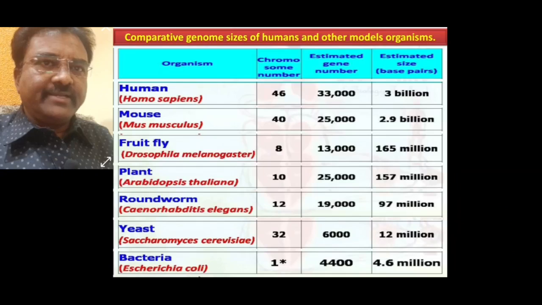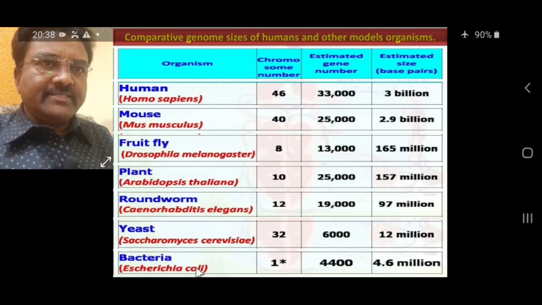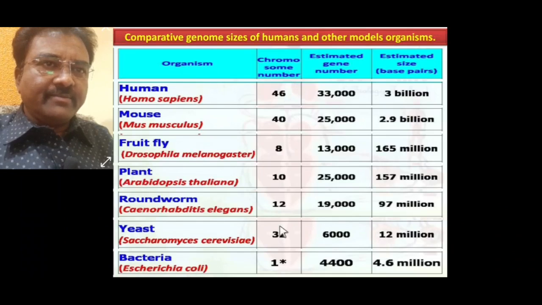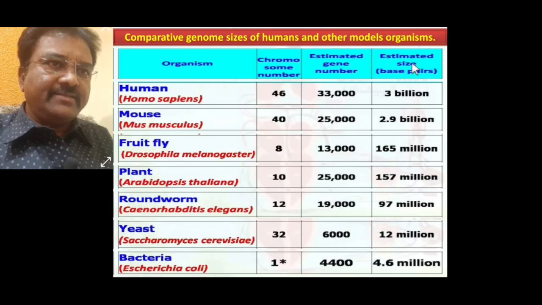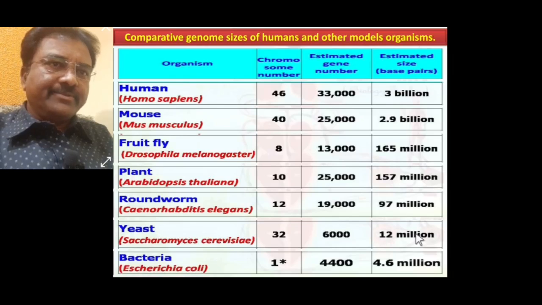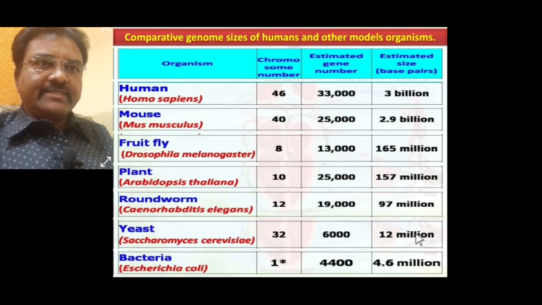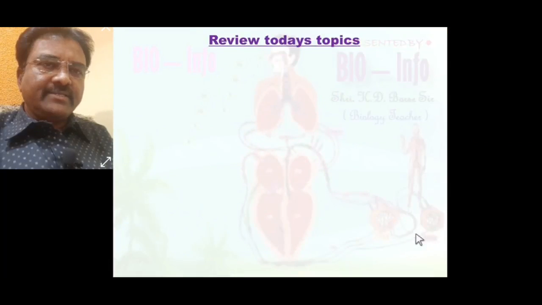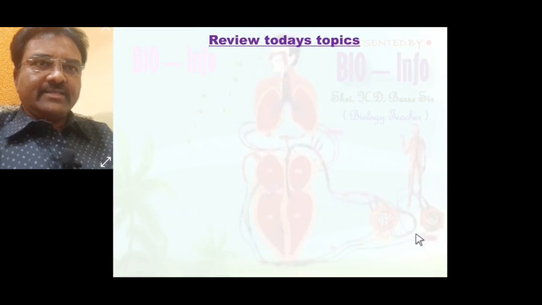So here are noted organisms, their diploid number of chromosomes, estimated gene numbers and estimated base pairs. Always remember these. Up to this, today's lecture is completed.